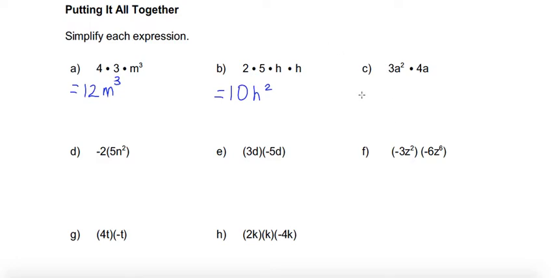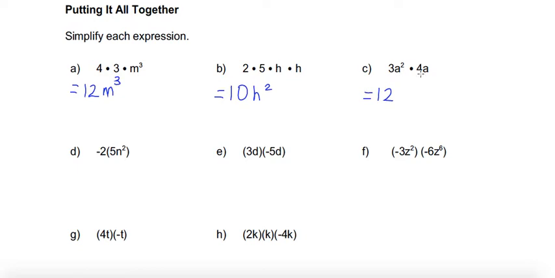Let's take a look at part C. So now I have two terms that have a combination of a coefficient and a variable with sometimes an exponent. So we want to look at our coefficients first. So 3 times 4 gives us 12. And now we look at our variables, in this case our a.